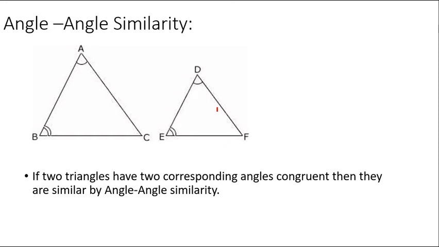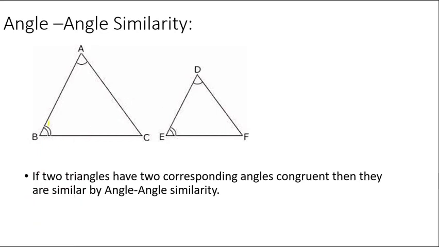Okay, so on this next part, it says angle-angle similarity. So here we have, if two triangles have corresponding angles congruent, then the triangles are similar by angle-angle similarity. So all you need here is just two angles congruent.